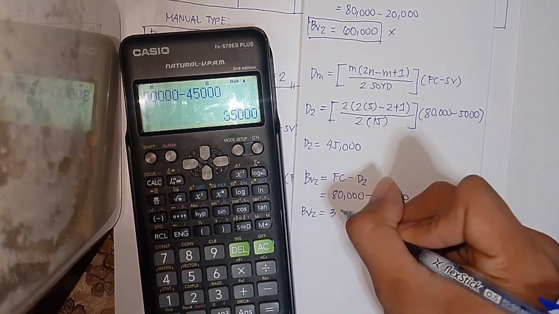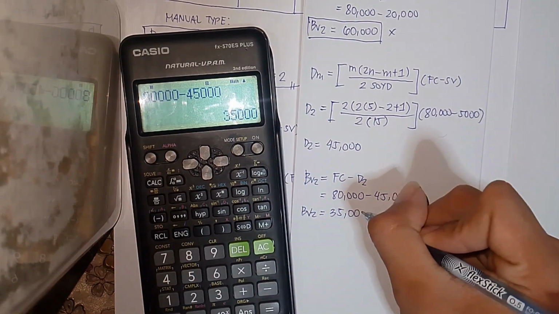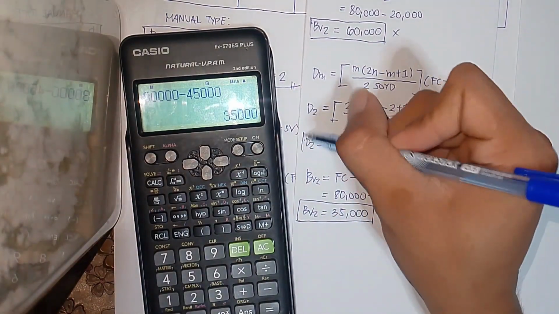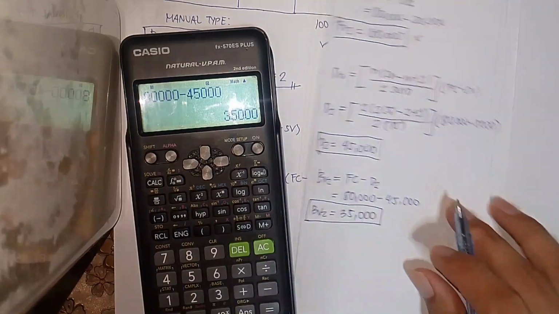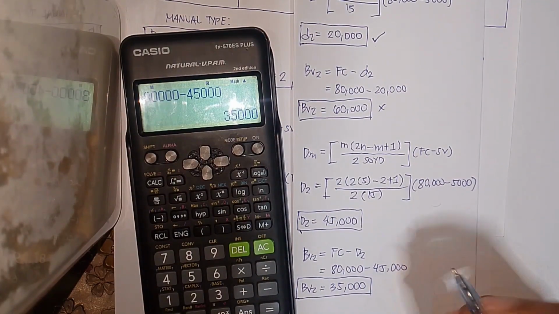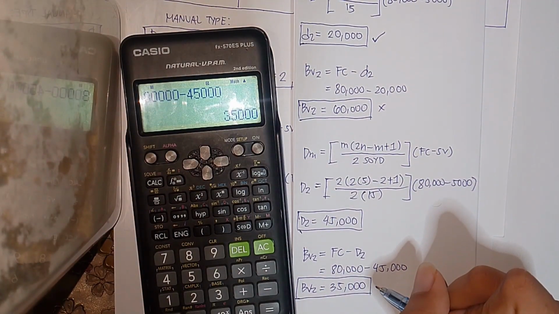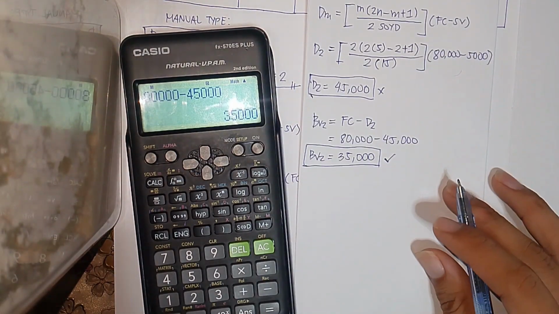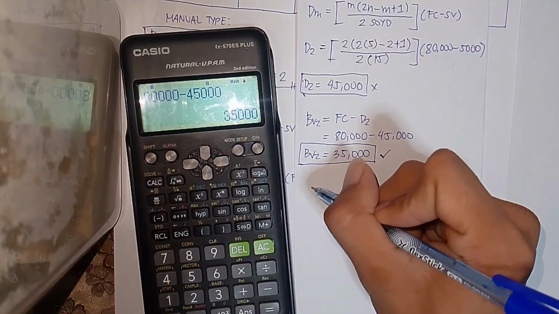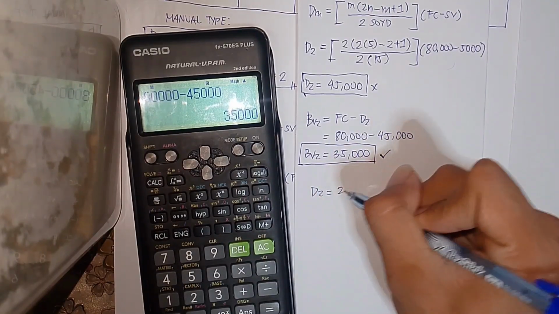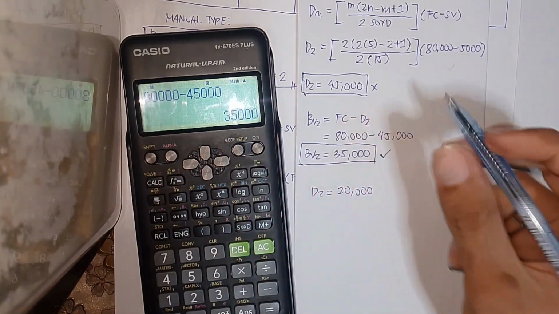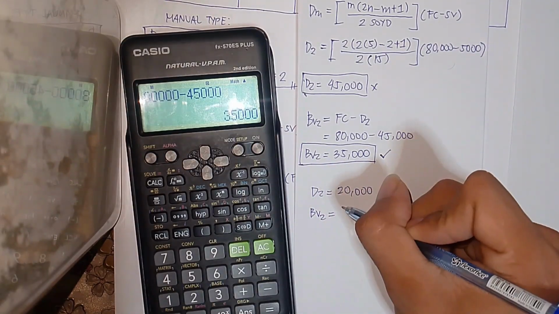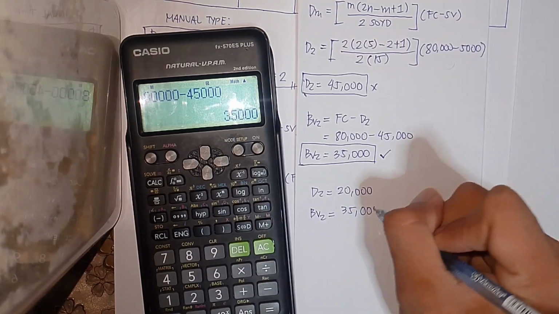Our book value for year 2 is equal to 35,000. So this is our book value. This time, based on the table, our book value at the end of second year is correct. So our final correct answer is D2 equal to 20,000 and book value at the end of second year is 35,000.